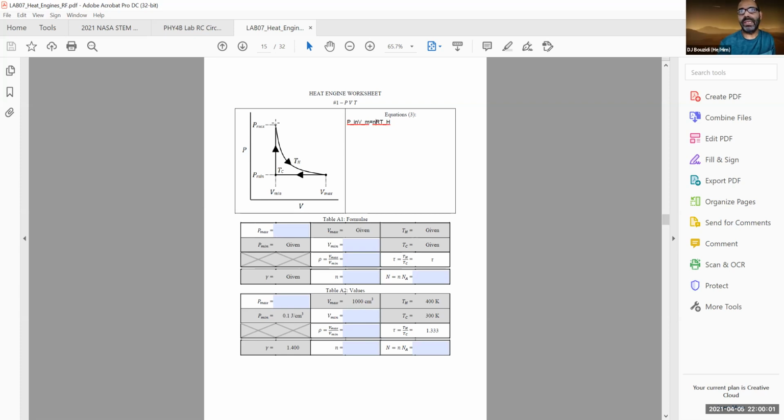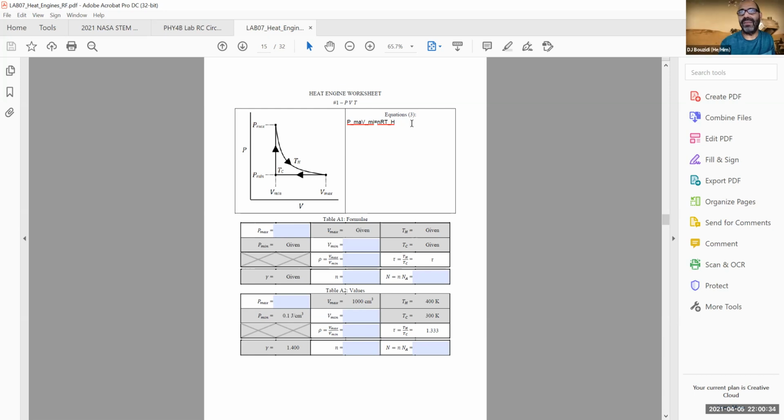It's this point that I'm looking at. Pressure, sorry, Pmin. I'm sorry, pressure, Pmax, Pmax times Vmin is equal to nRTH, this point in here.